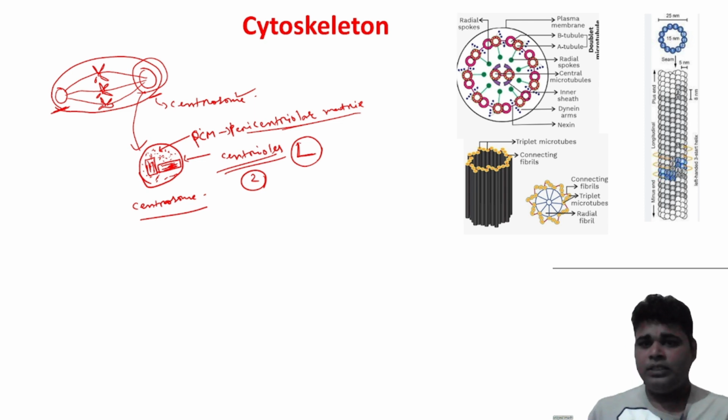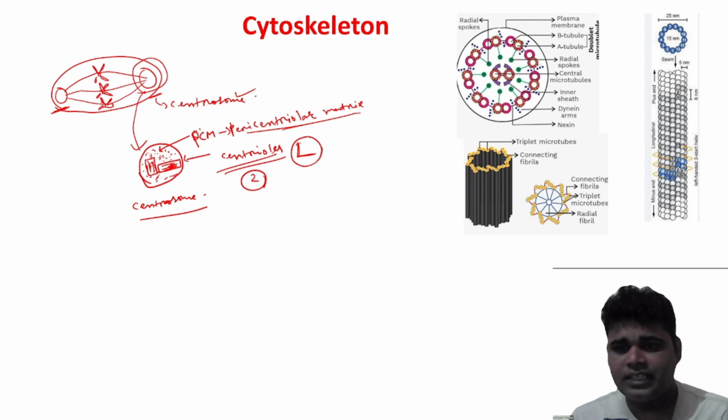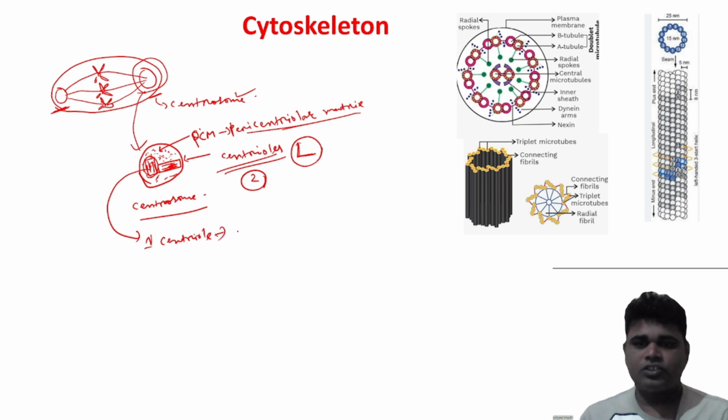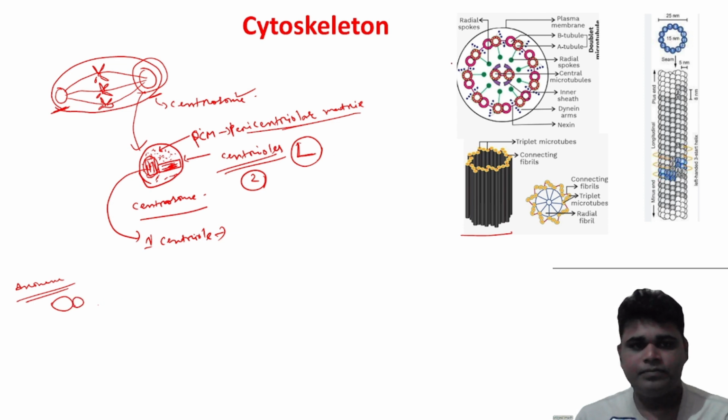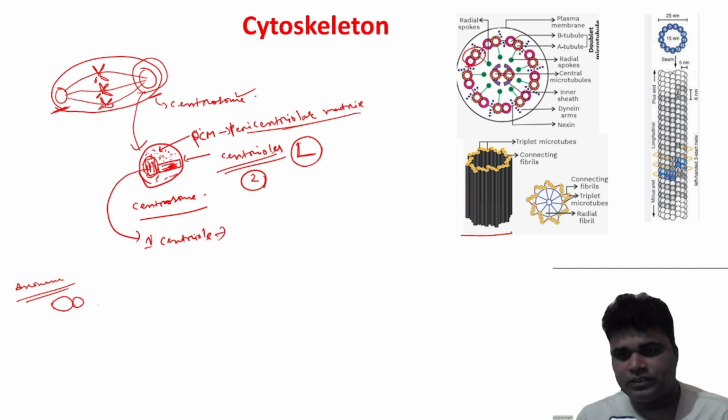Now if we look at the centriole structure, let us suppose this is one centriole. In the centriole, the structure looks like this. Just imagine, in the axoneme, two structures are present like this. One tube is joined to another tube.